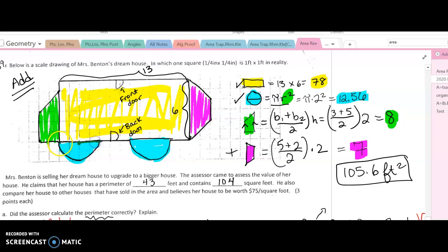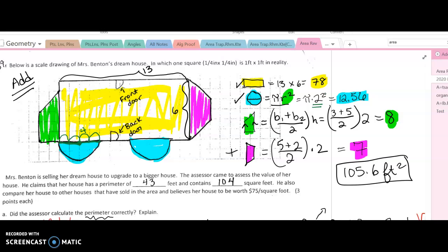All the way across the circle, the diameter is 1, 2, 3, 4. The radius is always half the diameter, so half of 4 would be 2. That's why I said pi times 2 squared, which came out to approximately 12.56.